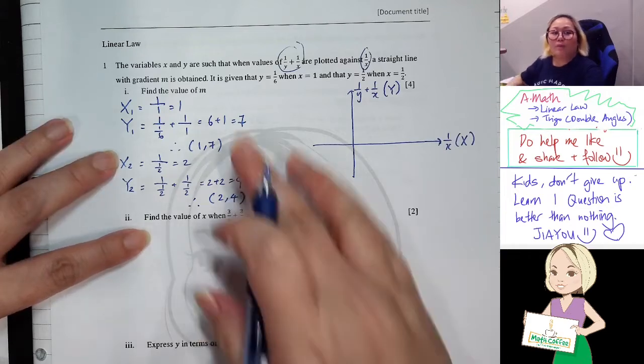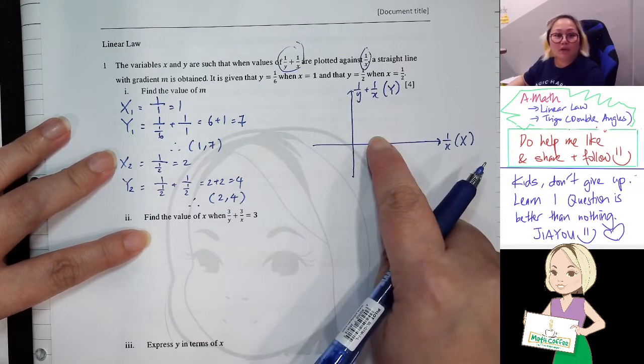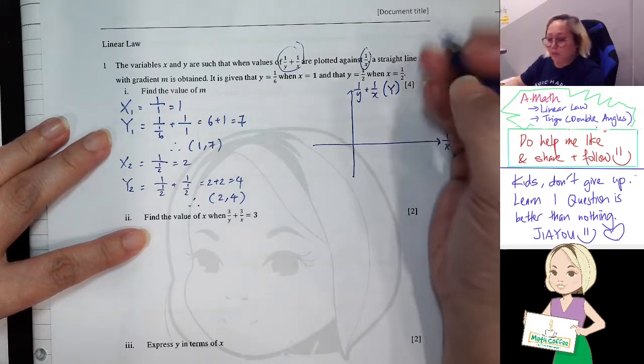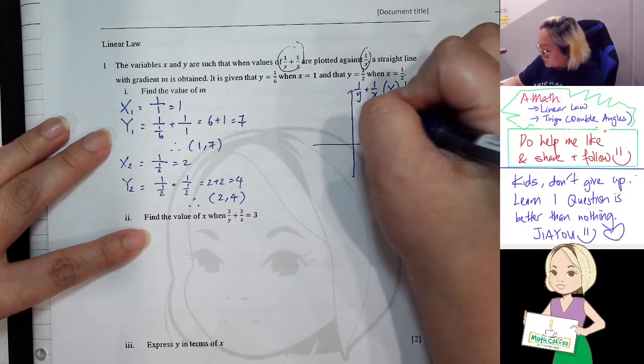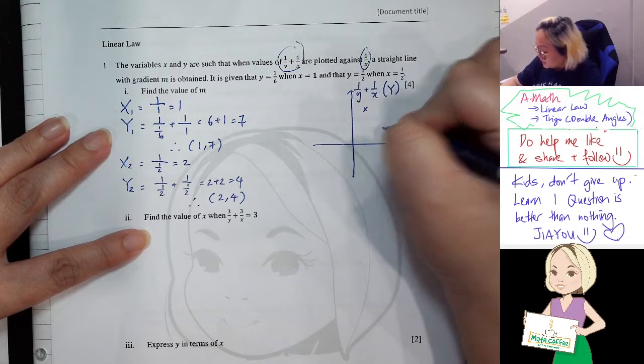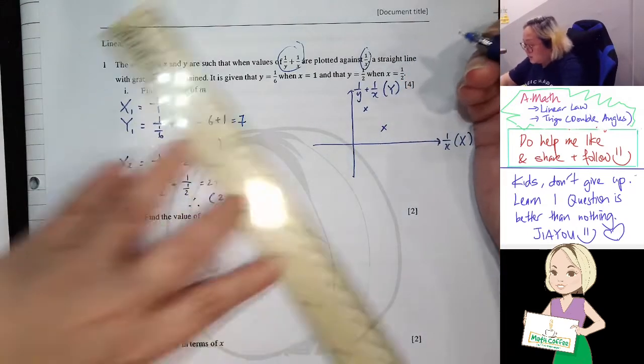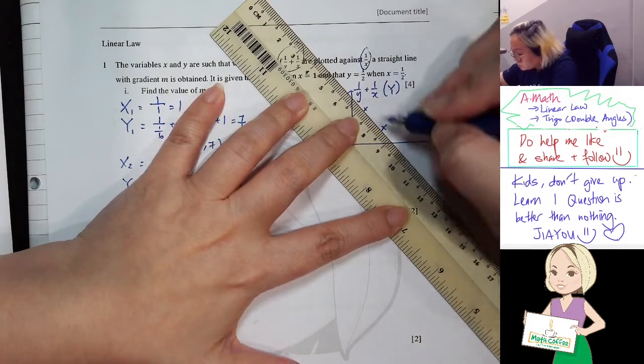If you plot this, it will be big X, big Y. On the graph, it will be (1, 7), let's say here, and then (2, 4), let's say here. So this is the line they're talking about.